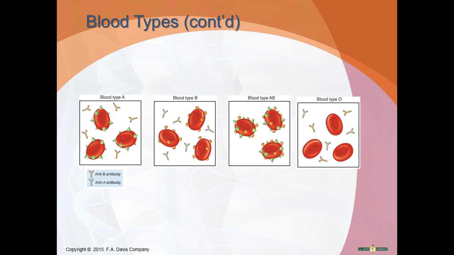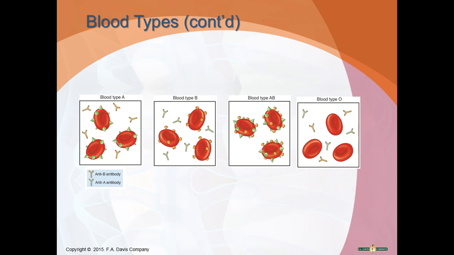Okay, so let's look at these. Whereas the blood cell carries antigen, the blood plasma carries antibodies called agglutinins against the antigens of the other blood types. Type A blood has anti-B antibodies.